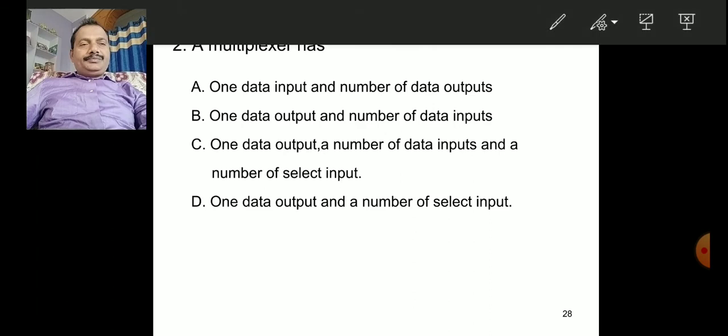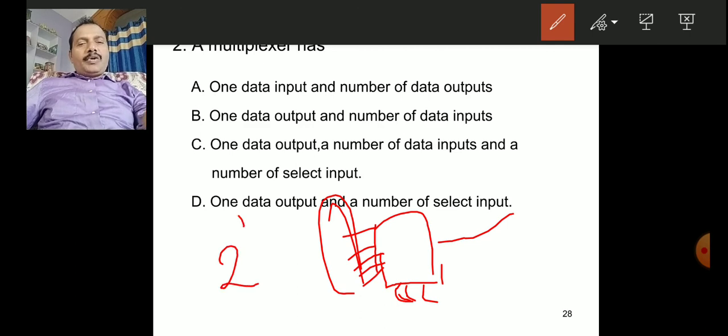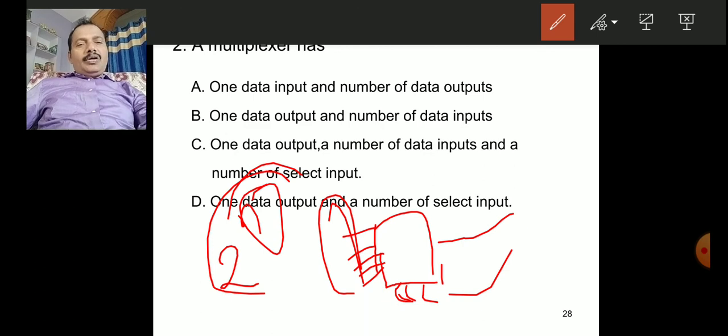Because always remember, the multiplexer has many inputs and one output, and selection lines based upon the number of inputs, expressed in terms of 2 power n, where n is the number of selection lines. That you always have to remember. This is the 2 power n to 1 multiplexer.